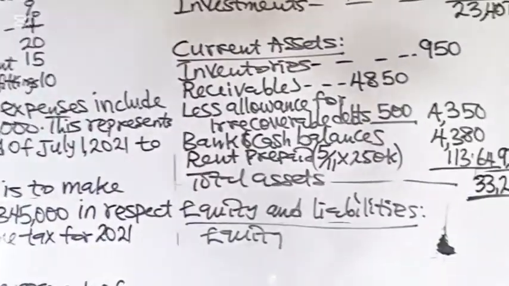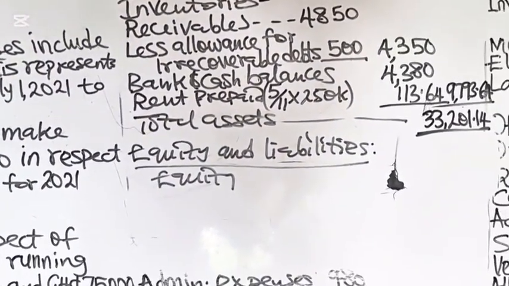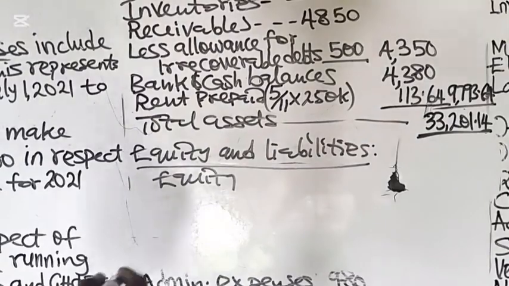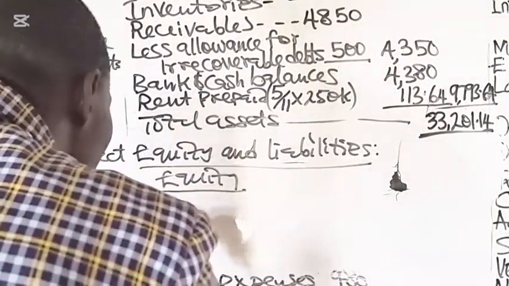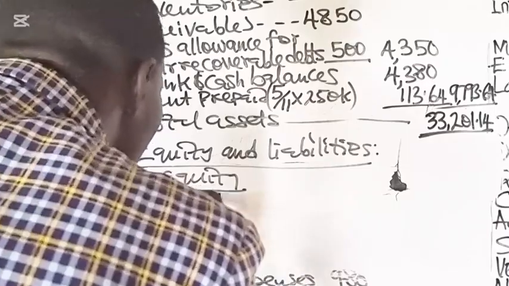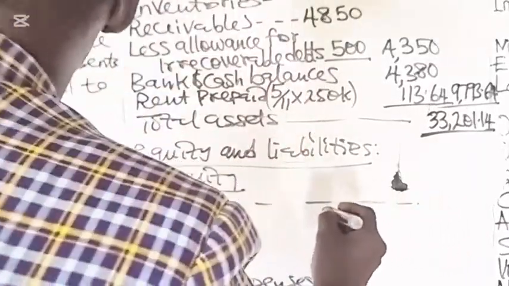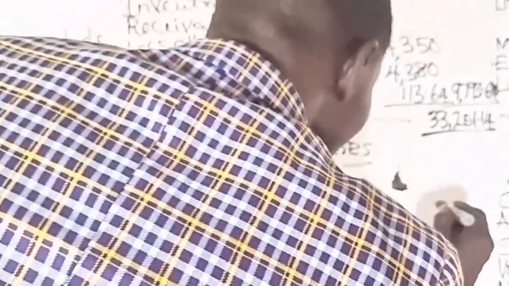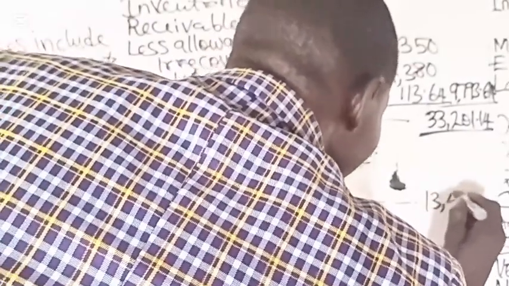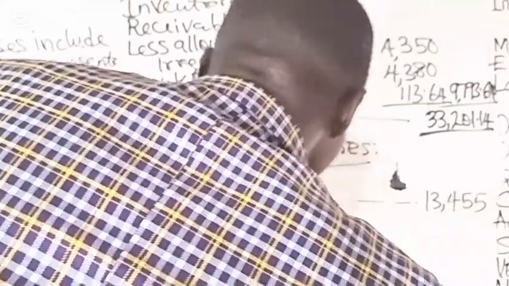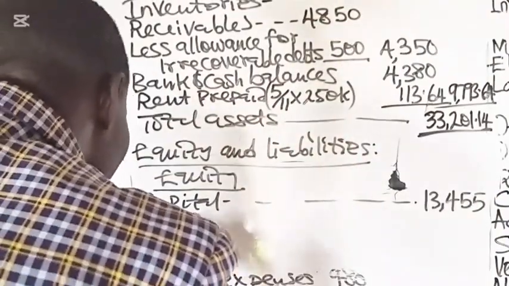That is the capital, and our capital is part of the owner's equity. So we have capital, which is 13,455. We now add net profit to this.